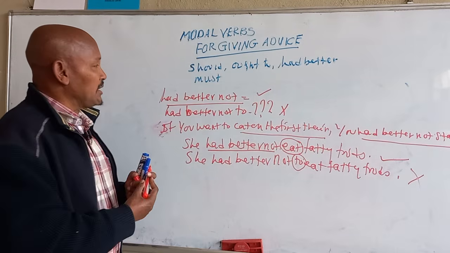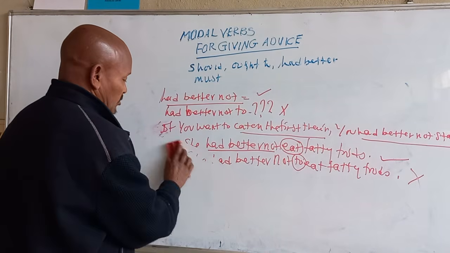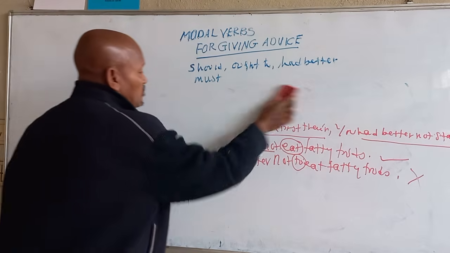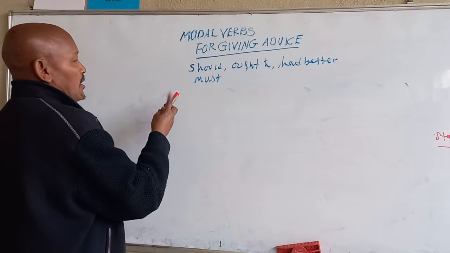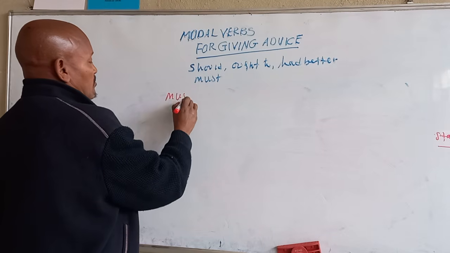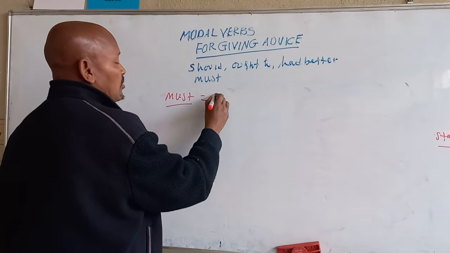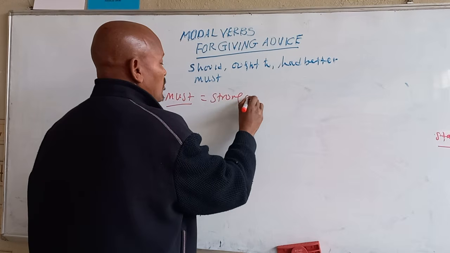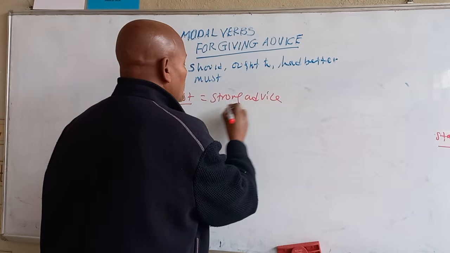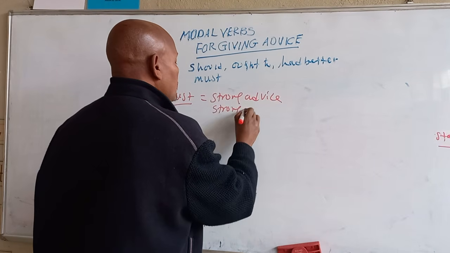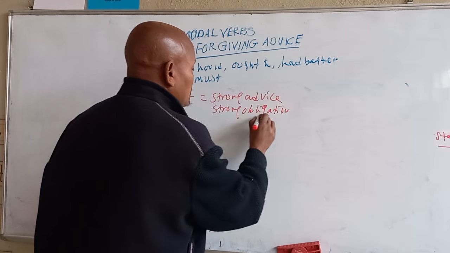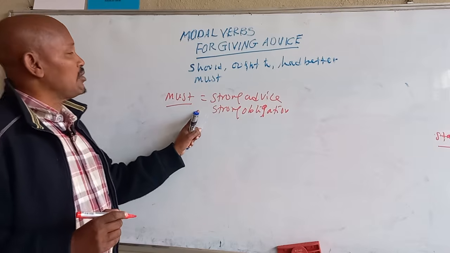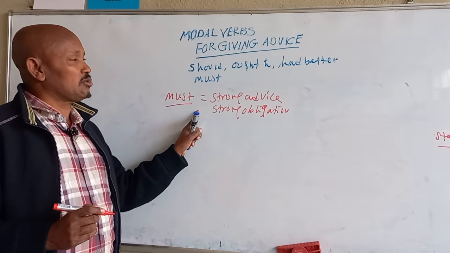So this is had better, ought to, and should. The other very important part still is must. Must is a strong advice or a strong obligation, with the same meaning as should, ought to, and had better.